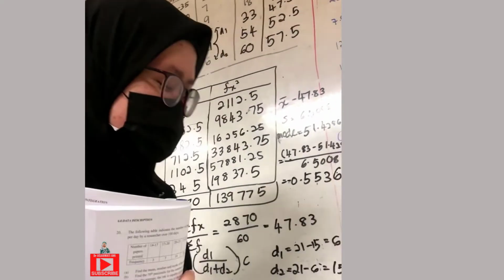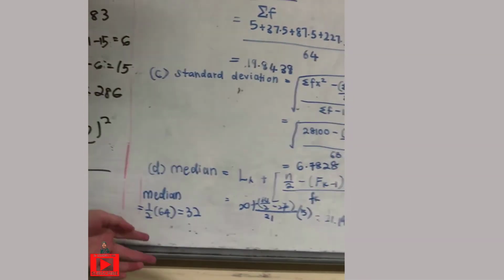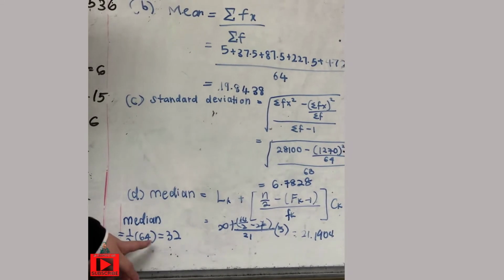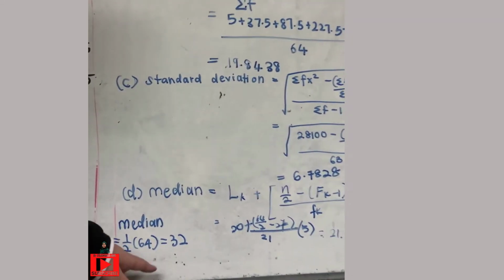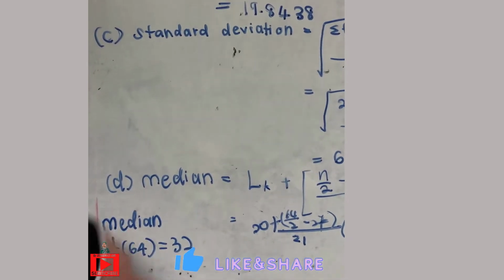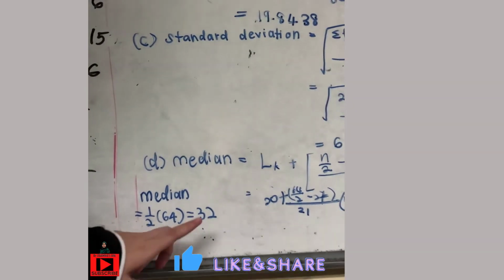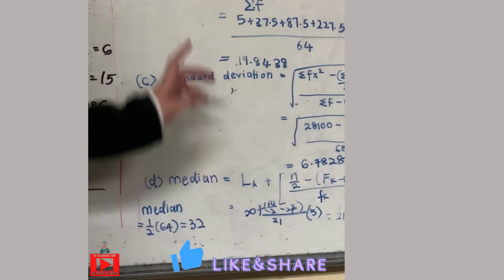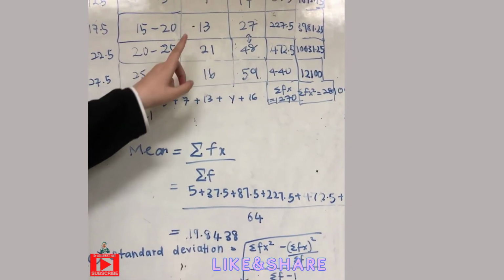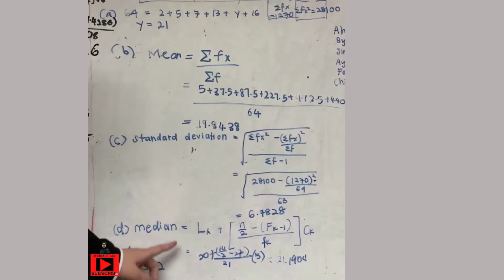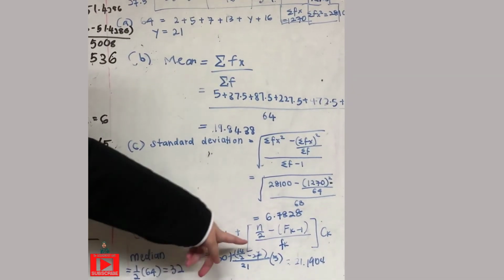For question D, we need to find the median class first. 1 over 2 times the total, we get 32. The observation 32 is here, the median class. Then we use the formula of median.